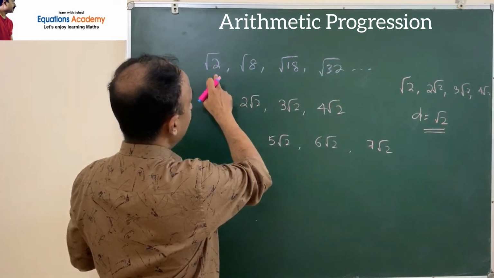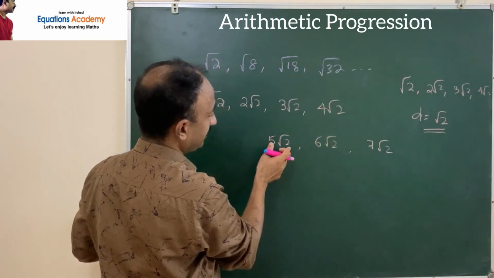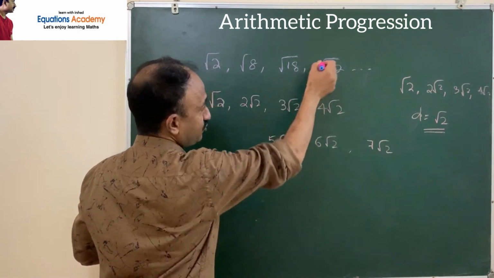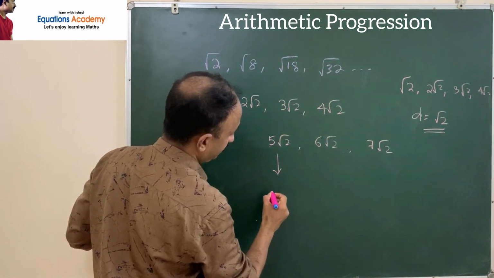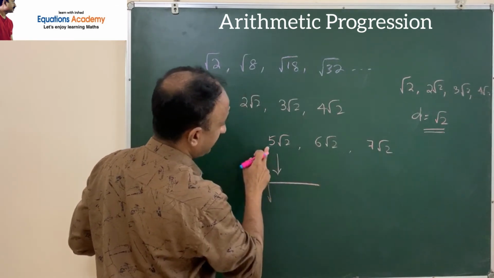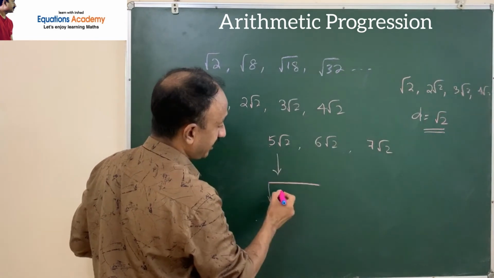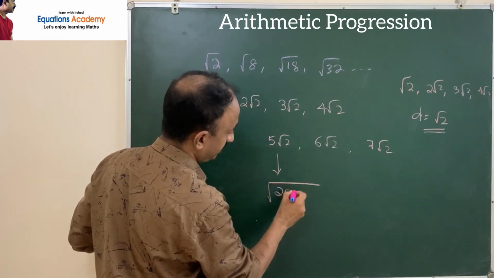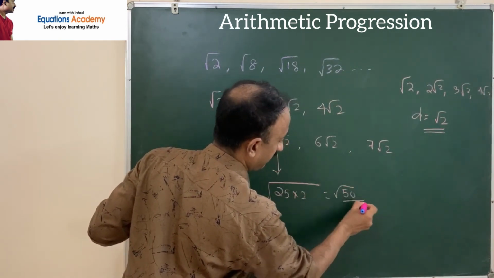Here see root 2, then root 8, root 18, root 32. So we will rewrite this 5 root 2 in this form. 5 root 2 is equal to root of, take its square, so it will go inside the root. 5 squared is 25, into 2. So this will be root 50.